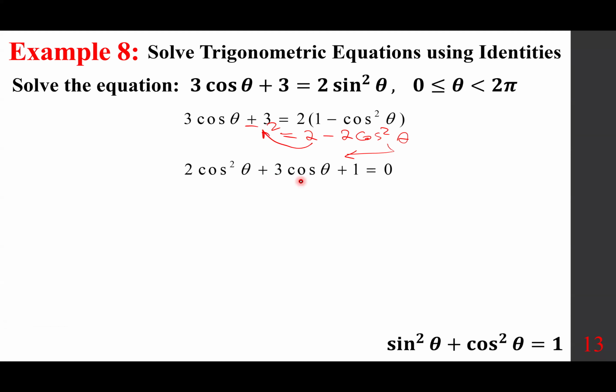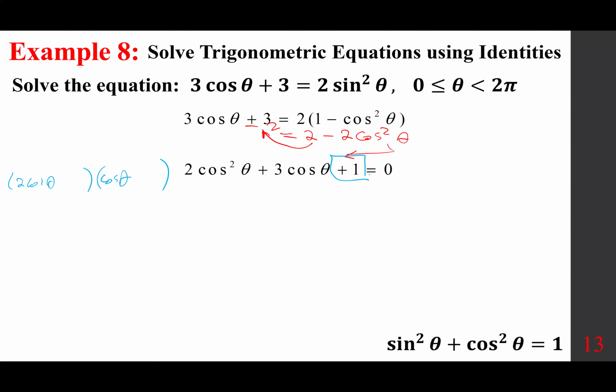This is again a simple factoring, because this is 2, a prime number, and this is 1. So you have no choice but to put 1 in both places.